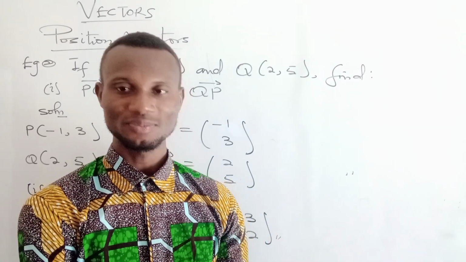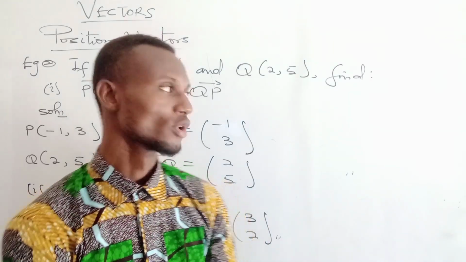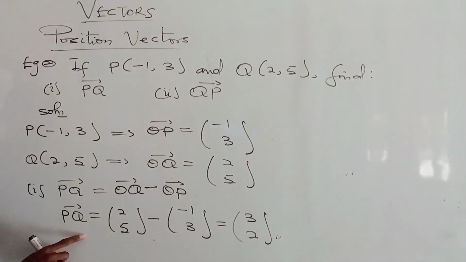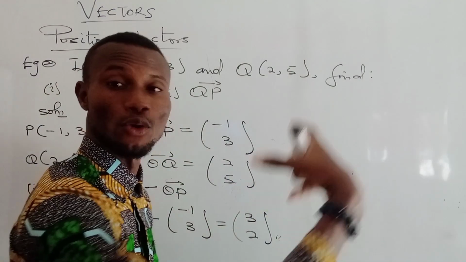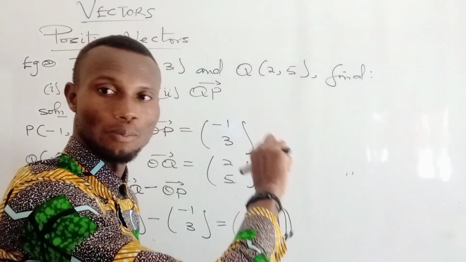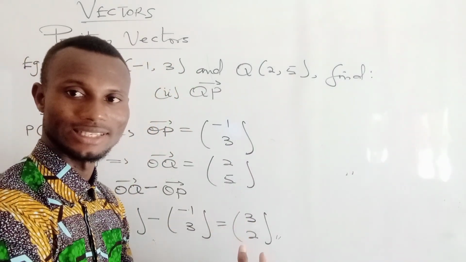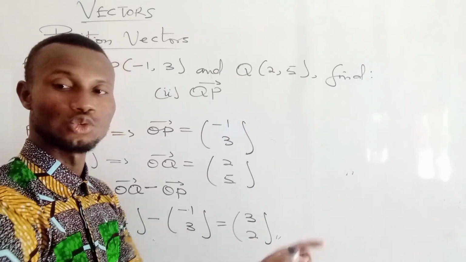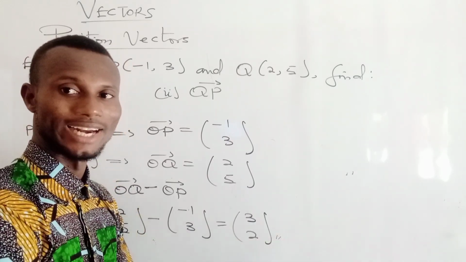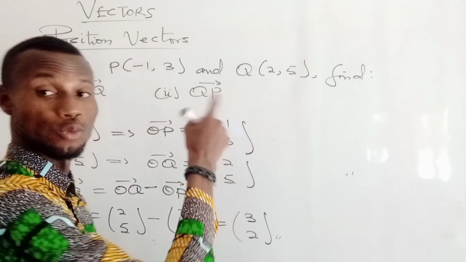In that same understanding, we have PQ to be 3, 2. Part II is asking us to find QP, which means QP is the inverse of PQ. How do we get the inverse? We just need to negate PQ, which gives us QP.